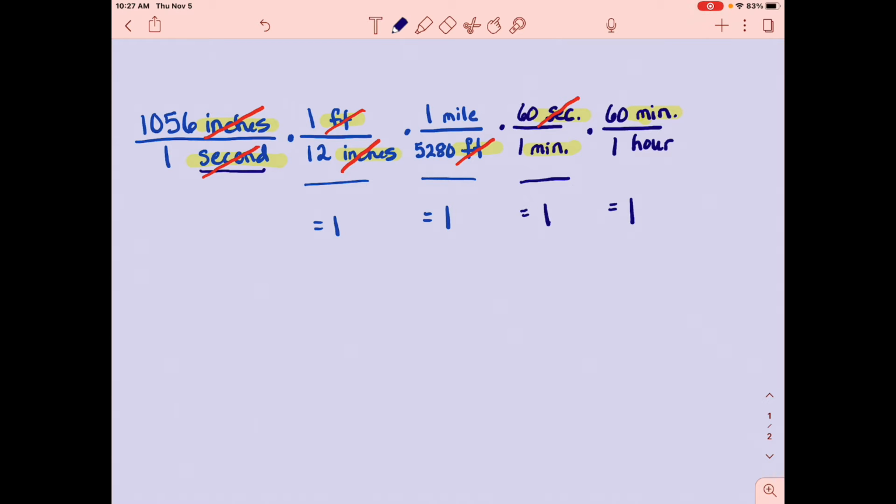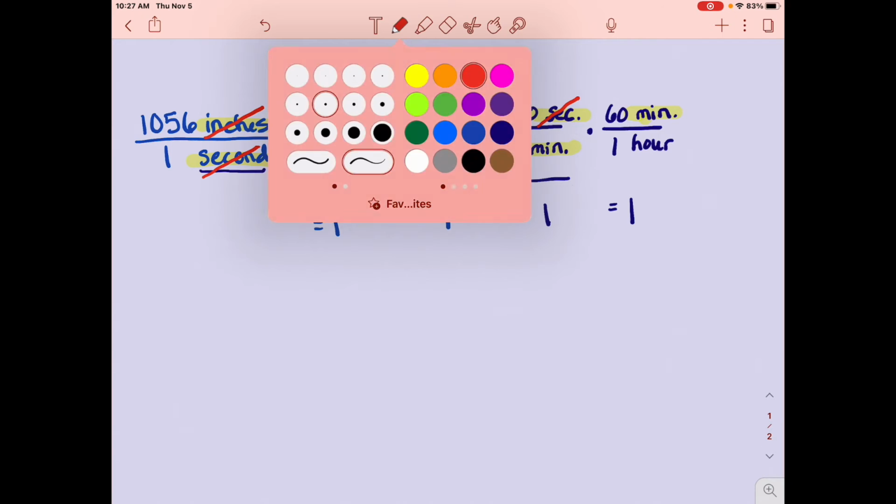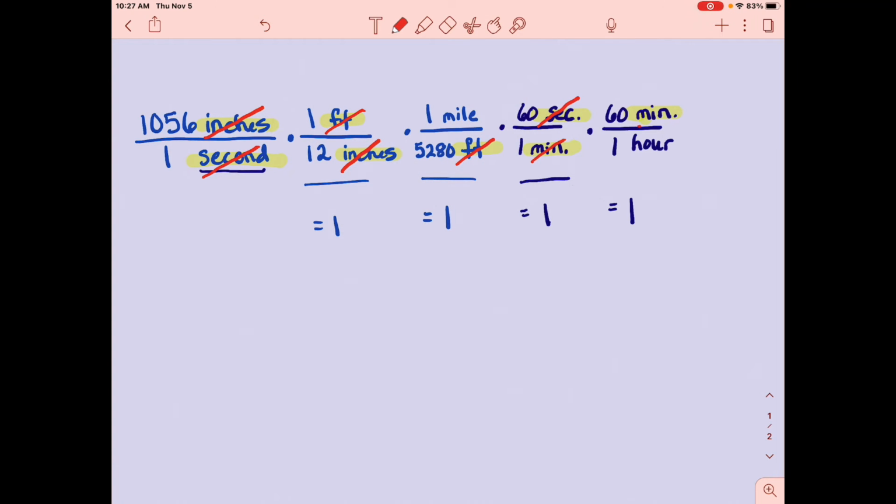And my minutes get to cancel because one's on the top and one's on the bottom. And now what's left is I have miles over hours. So that's great. I have miles per hour, and that's what I was looking for. I started with inches per second, and that was kind of weird. So my objective was to try to convert that to miles per hour.